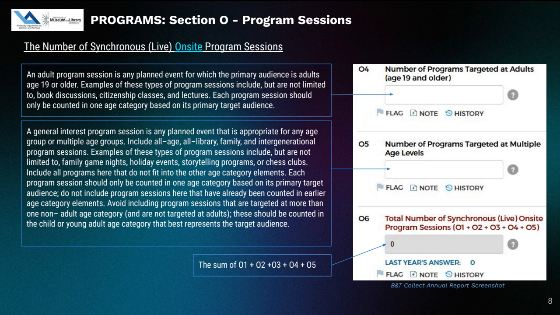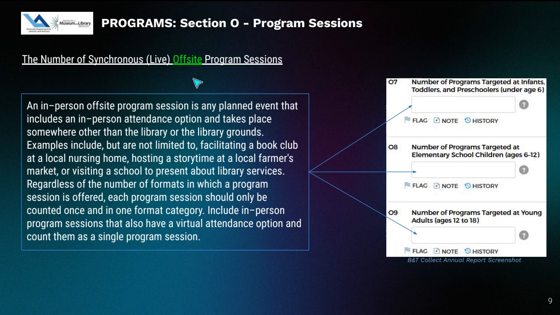Okay, then we did on-site, now we're looking at off-site. Same options. In-person off-site program session, and it tells you what that event is. It says to include the in-person program sessions that also have a virtual attendance option and count them as a single program session.